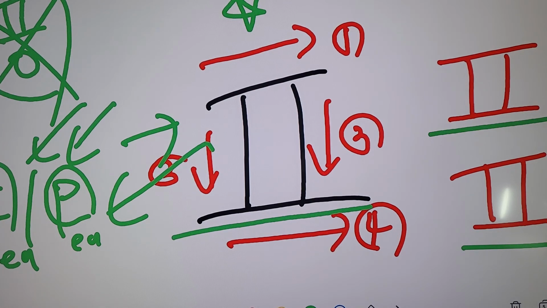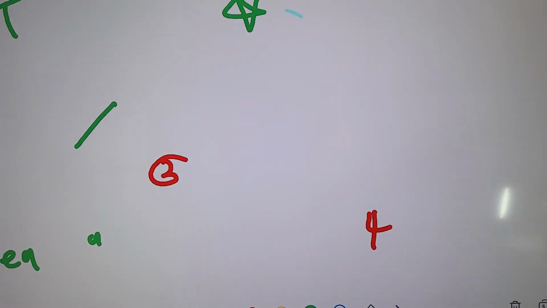Okay, then the last, 14th basic consonant. I'm going to delete again. Wait a second. The last one we're going to learn. Either you can write it like this one, or you can write it like this one.